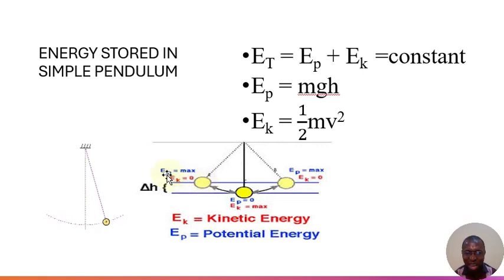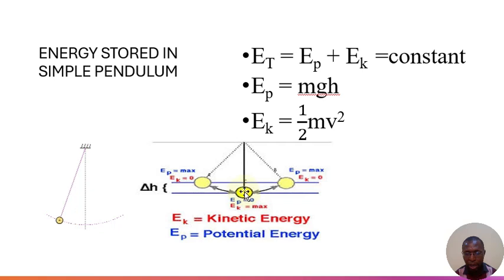Then the potential energy is at the maximum, while the kinetic energy is at its minimum. So potential energy is at its maximum because the swinging pendulum attains a particular height from here down to this place.